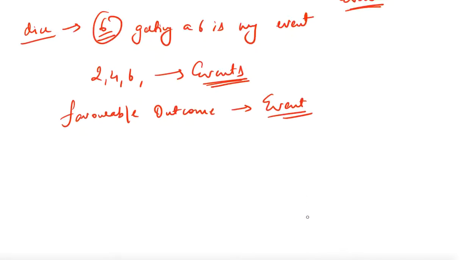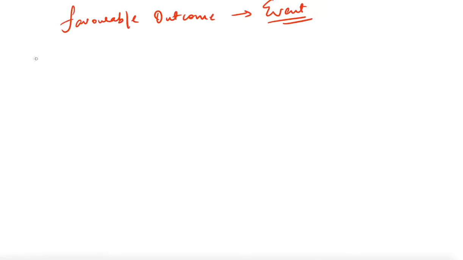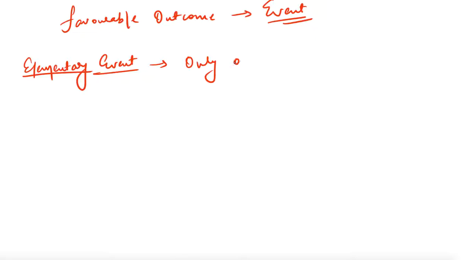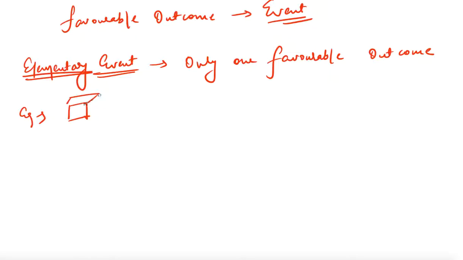Once the definition of event is clear, let me tell you the meaning of an elementary event. An elementary event is when you have only one favorable outcome. For example, when I throw a dice, I know the possible outcomes are 1, 2, 3, 4, 5, 6.